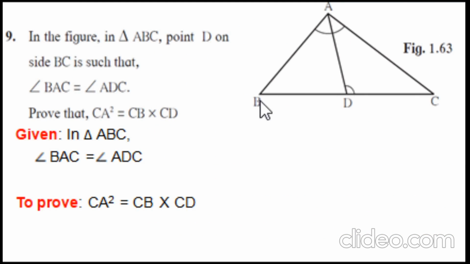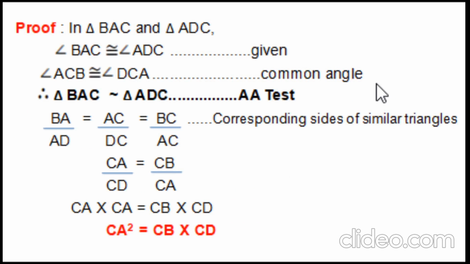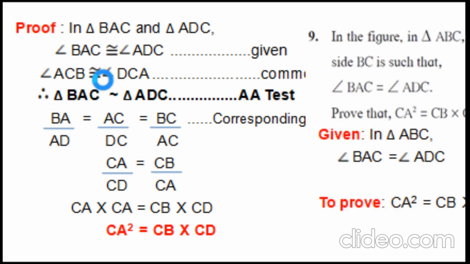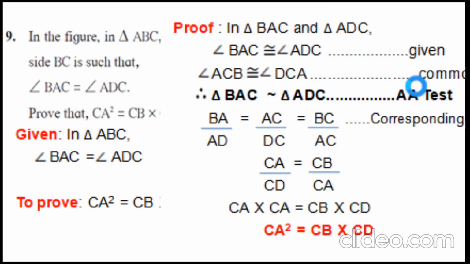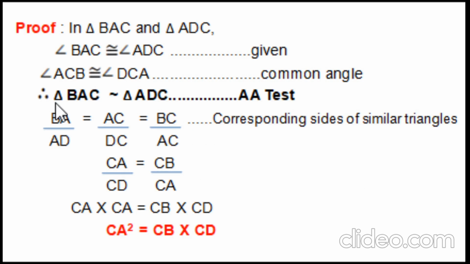We have to take these two triangles, the bigger triangle ABC and smaller triangle ADC or ACD. In triangle BAC and ADC, angle BAC is congruent to ADC, it is given, as well as ACB and CDA. Angle BCA and DCA is a common angle between those. This angle is common. Therefore, these two triangles BAC and ADC are similar by AA test.